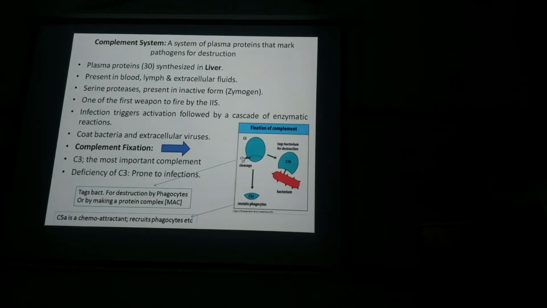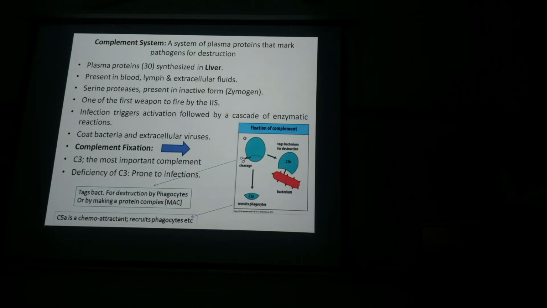So now you can understand why C3, or C3b, is very important. Okay, because people who genetically do not have C3, because this is being encoded by a gene, if there is some mutation so that it is not produced inside your body, then this process of phagocytosis would be very less efficient.